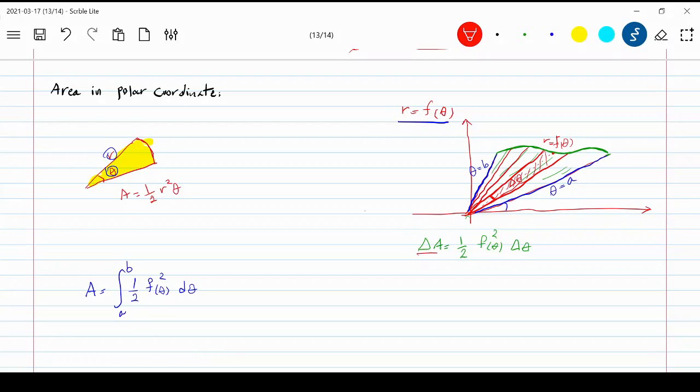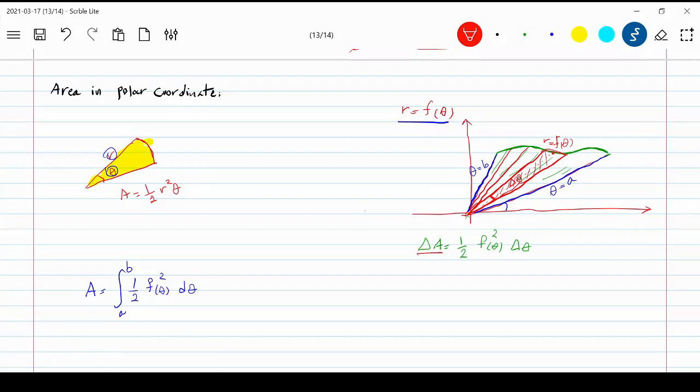Delta A represents approximately the area in this section, and it is kind of close. If you look at this curve, it is almost close to a section of a circle. It's not exactly the same, but if you make this length smaller and smaller, then it will be closer and closer to a sector of a circle.